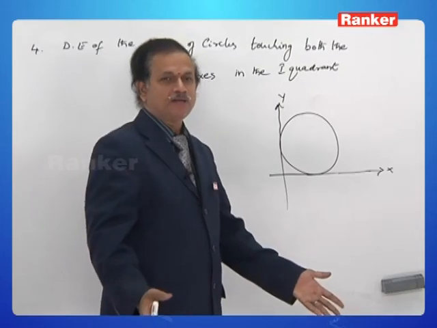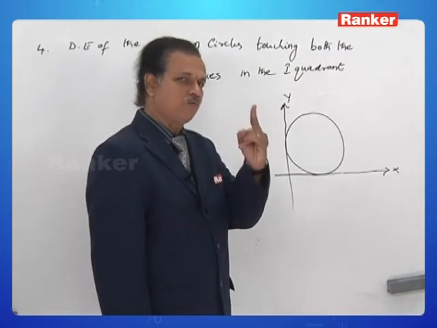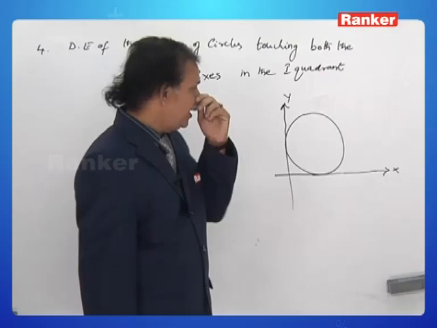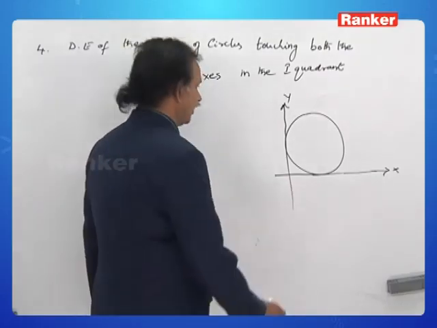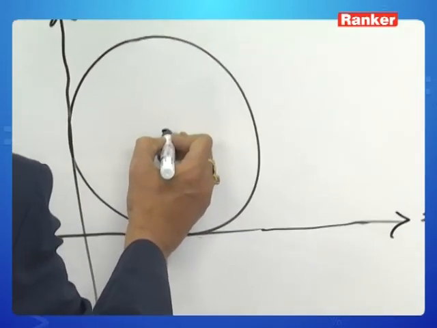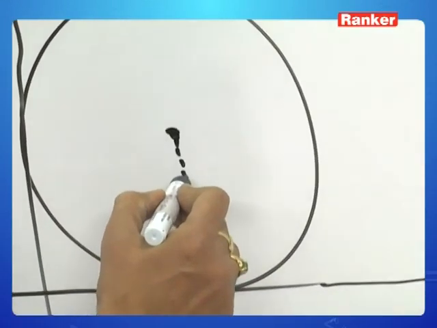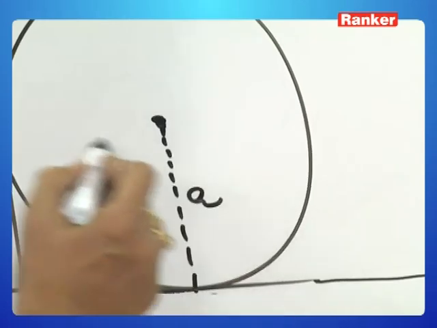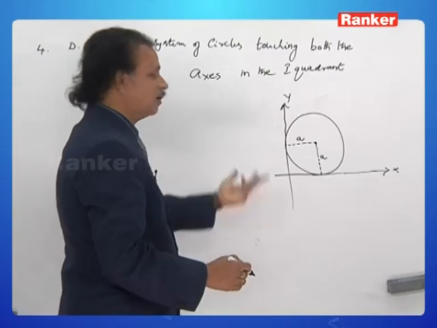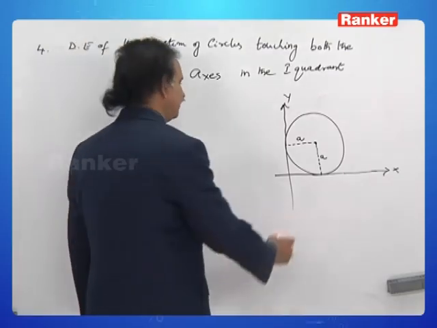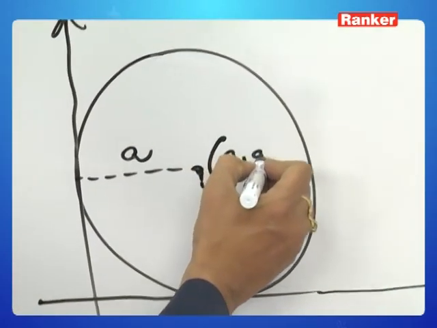We are not given the center and radius, but only one piece of information: it touches both the axes in the first quadrant. Okay, let this be the center. The perpendicular distance from the center is the radius. Let this be A. This is also radius, so it is also A. Everything is clear. Center is (A, A).